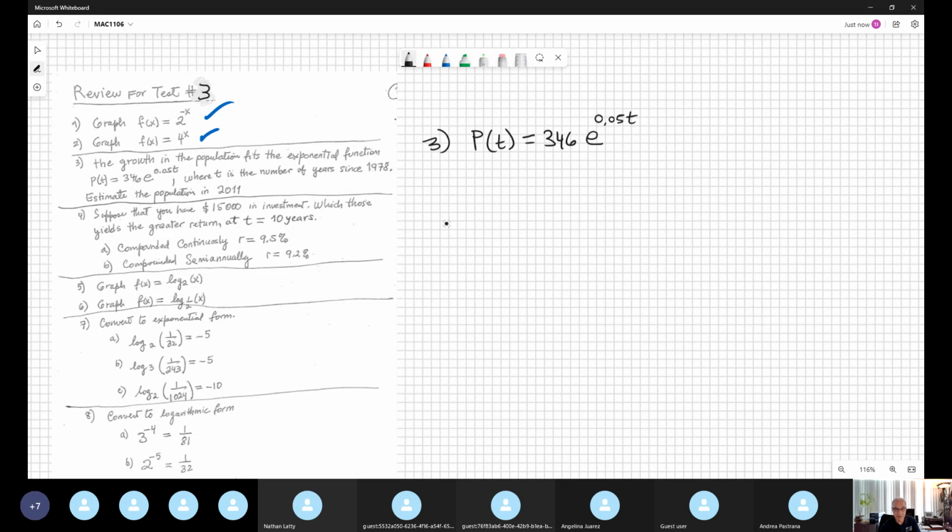So let me try to make a picture to understand the problem. This is the time, and this is the population.